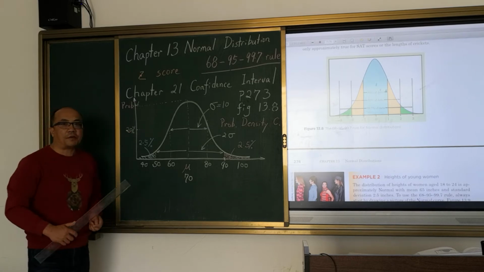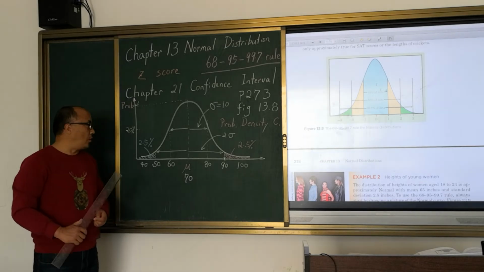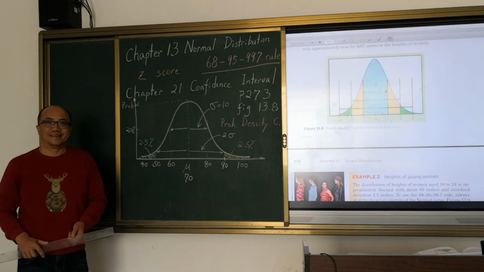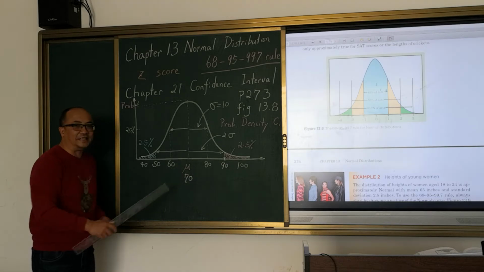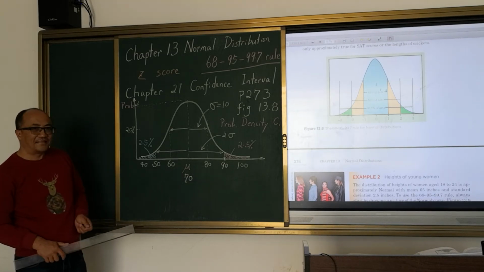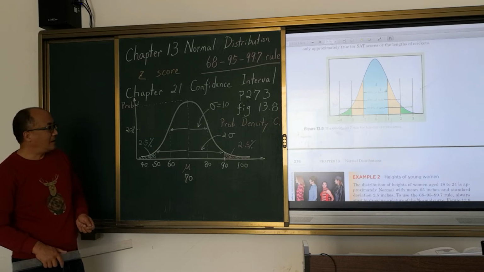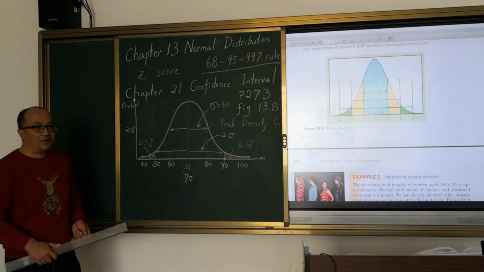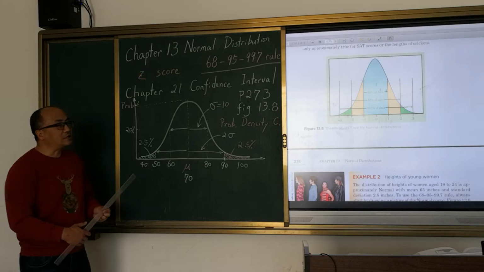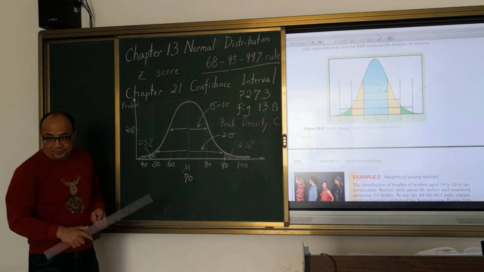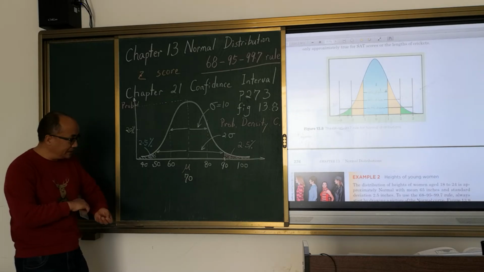So what's the probability for a student whose score is lower than 80? Maybe I ask what's the probability for him to be higher than 80?